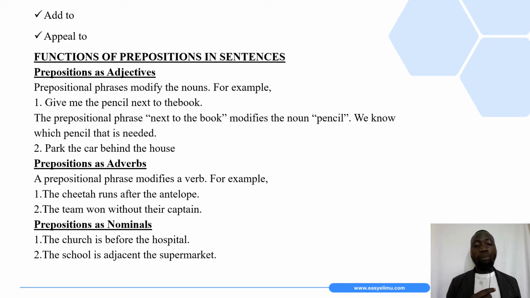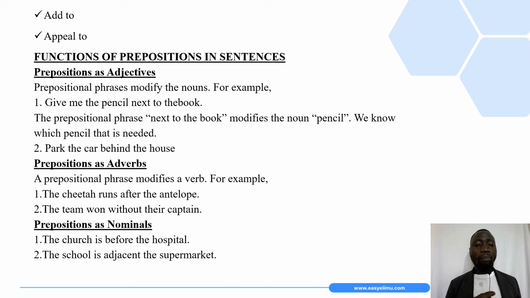So we know which pencil that is needed. So the pencil that is needed is the pencil that is next to the book. So probably there are many pencils around, but the one that we are interested in is the only pencil that is placed next to the book.